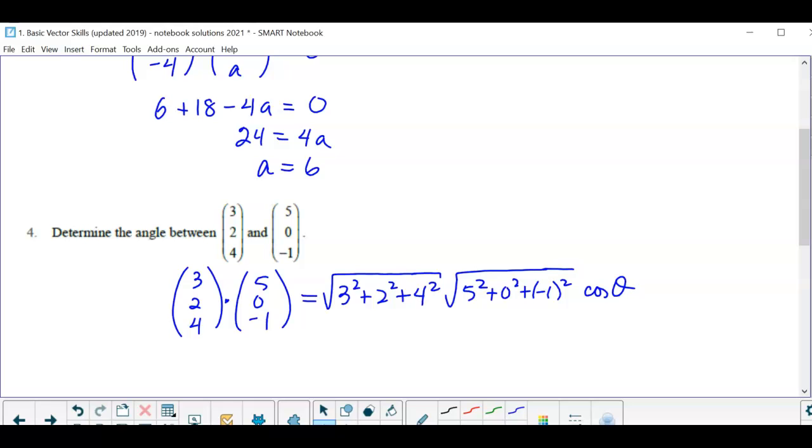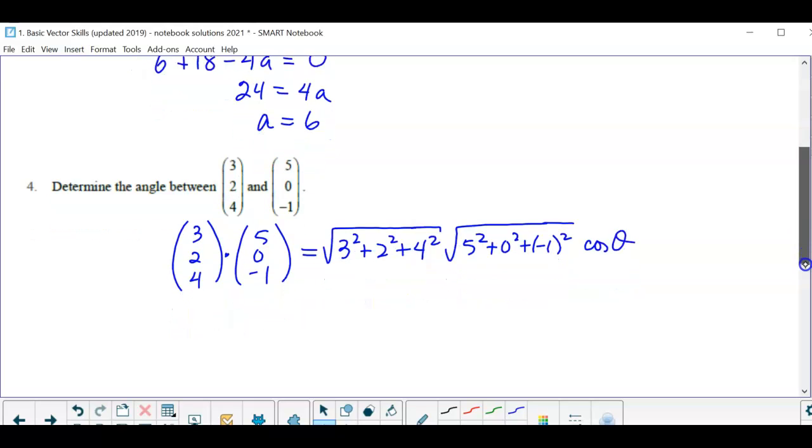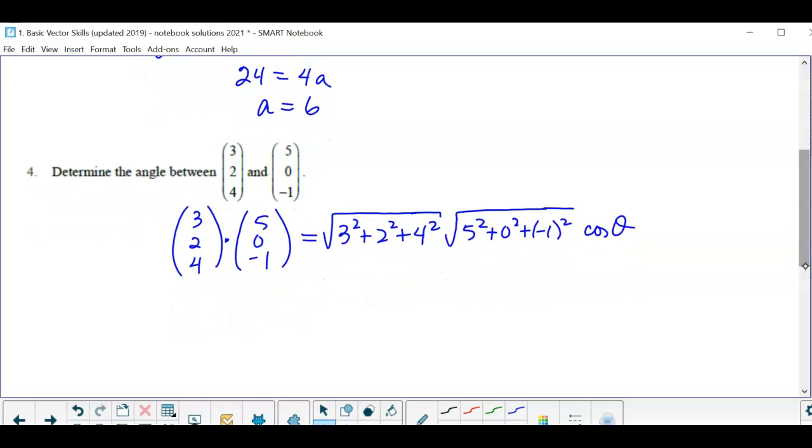If you want to solve for cosine theta right away, you can. I can do that now. So my dot product here is 15 plus 0 minus 4, which is 11. Divide by the magnitudes: here 9 plus 4 is 13, plus 16 is 29. And then 25 plus 1 is 26.